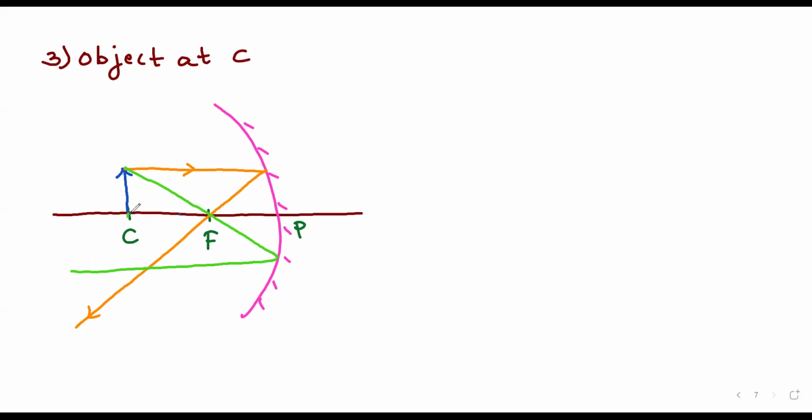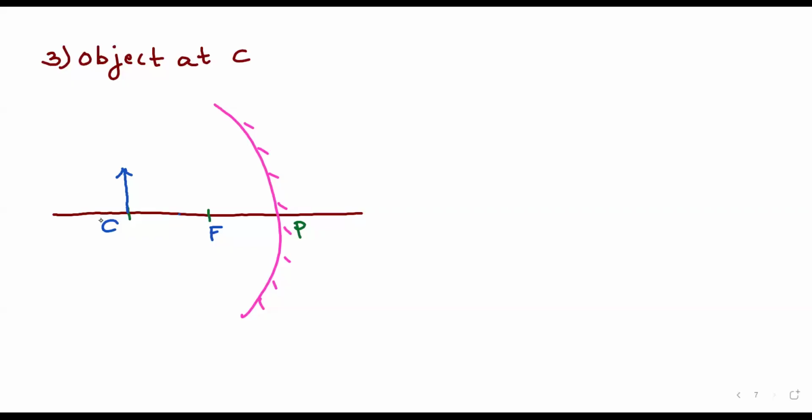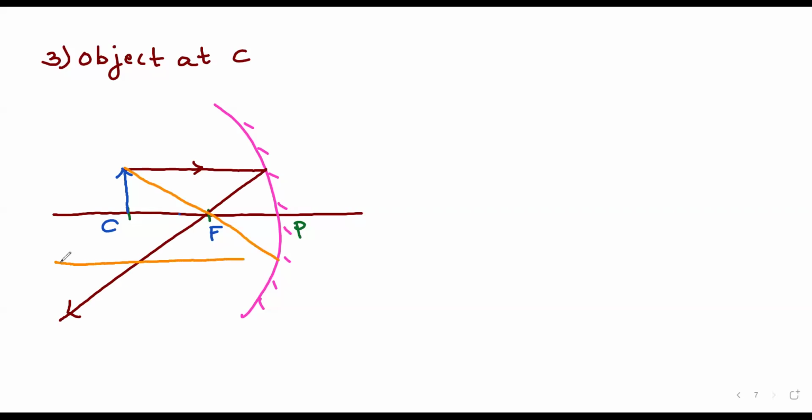Okay. So basically, it depends upon the measurement. If the measurements are proper, you will get it exactly at C. So let's see. If it is the parallel ray, after reflection, it will go through focus. And if it is a ray falling through focus, it will go parallel.